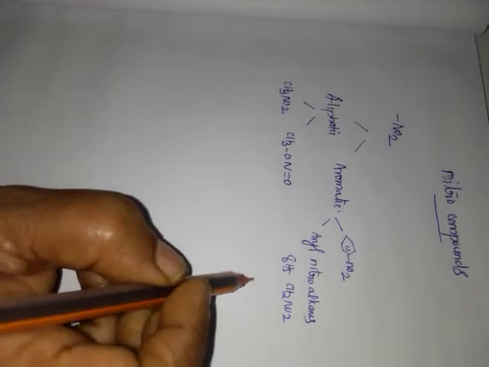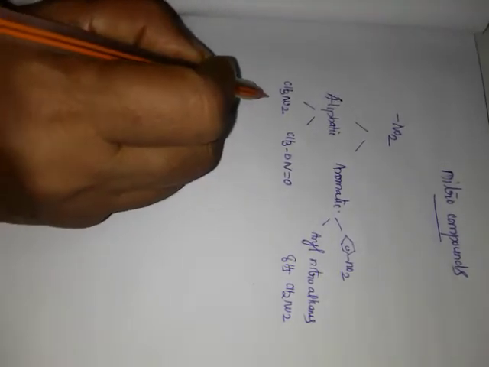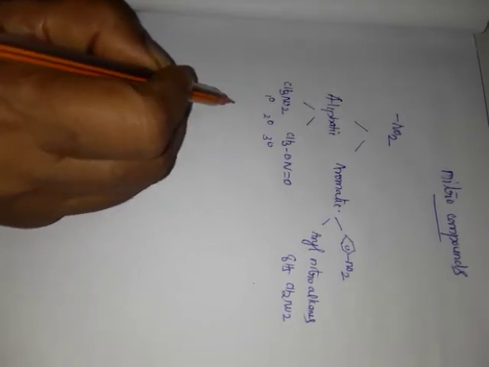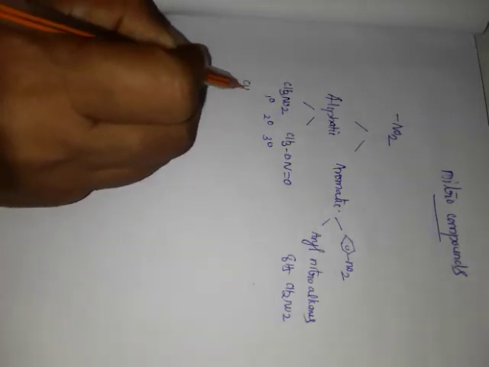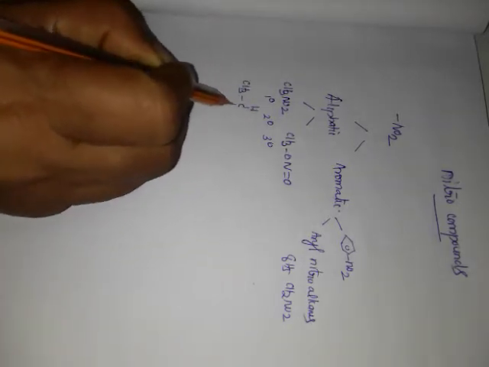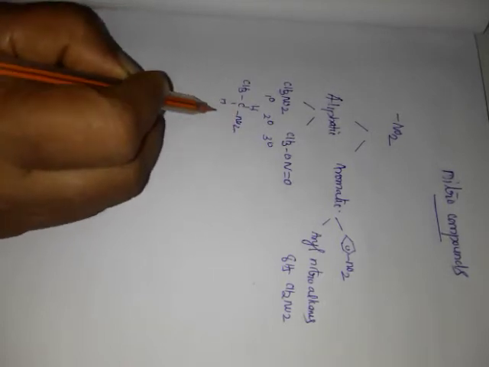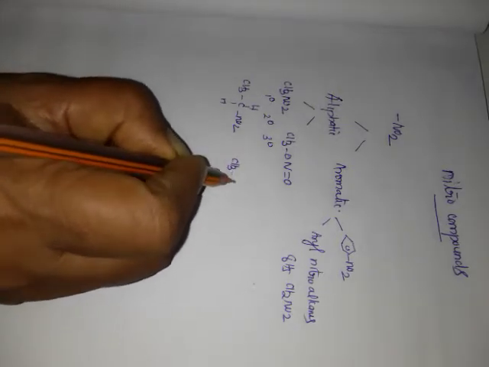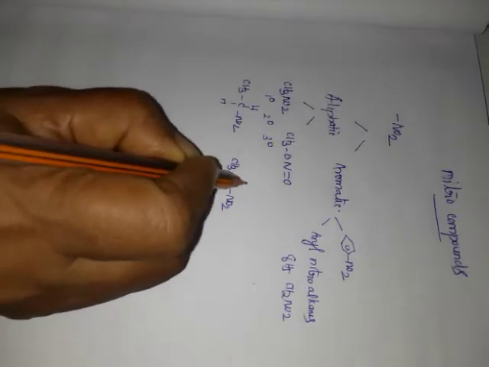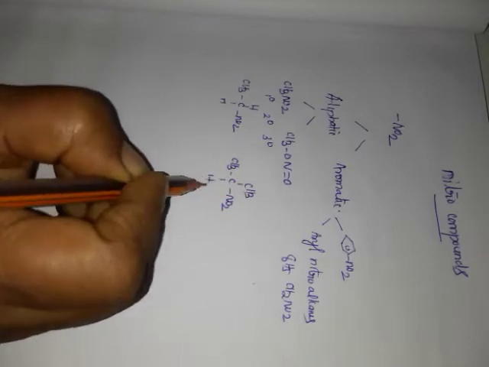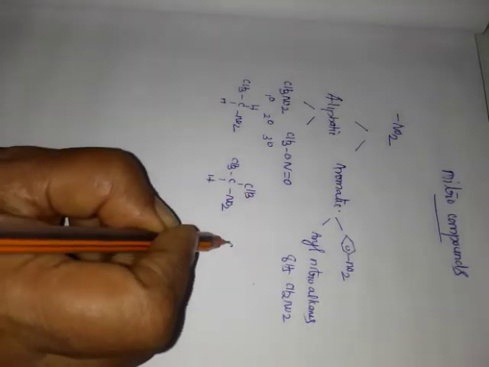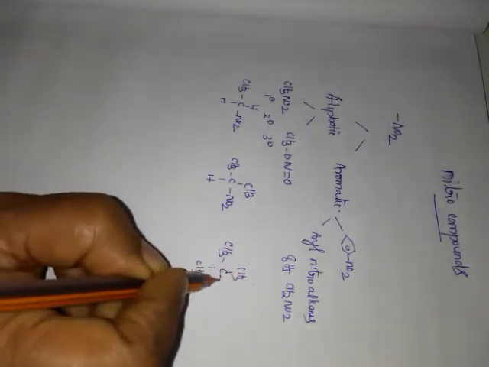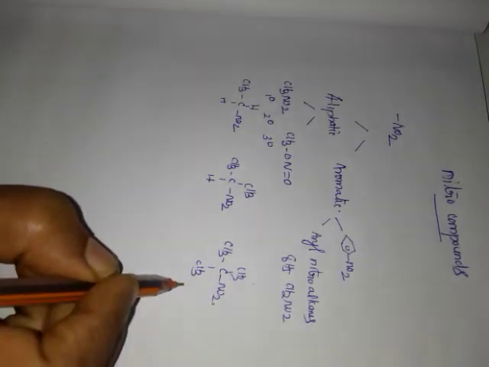Here these nitroalkanes are further divided into primary, secondary and tertiary. Primary means having one alkyl group, that is CH3CH2NO2, with carbon satisfied by 4 valency. Secondary means two alkyl groups attached to the functional group. Tertiary means three alkyl groups attached to the functional group.